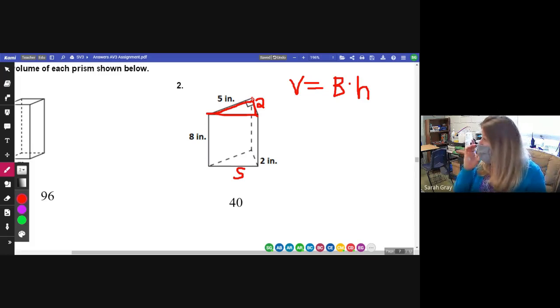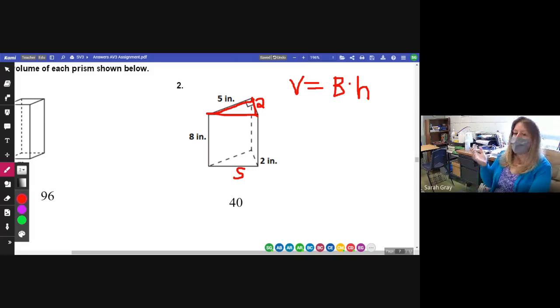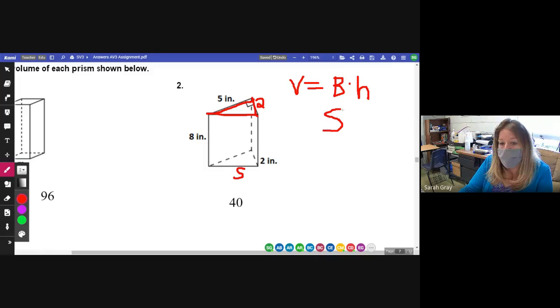It's just easier to look at the top on this one than the bottom, but they're the same. It's 5 times 2 times a half, so it's just 5. That's the area of the base. The height is this guy right here. So then it just becomes 5 times 8 as your volume. So it'll be 40 inches cubed.